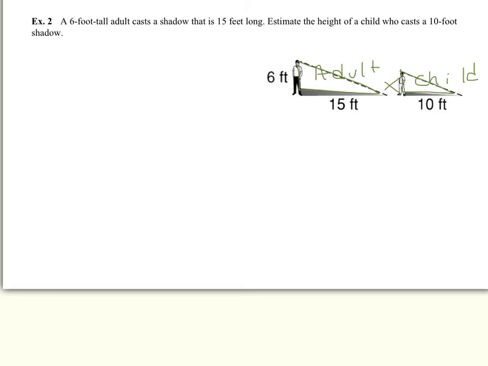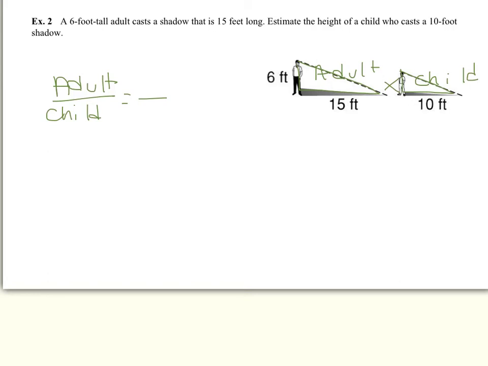So when I set up my proportions, or my ratios, I'm going to compare the adult to the child. Okay, it's important that your ratios are consistent, so that's why I like to set that up.